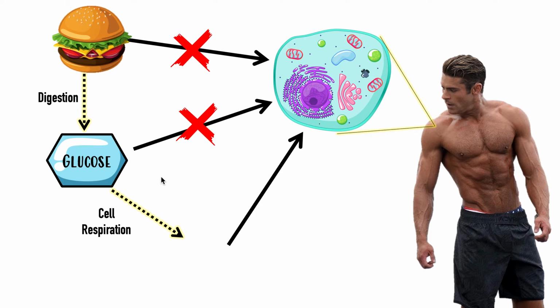So what do we need to convert this glucose into the correct currency? And first of all, what is the correct currency? I just mentioned, right? The correct currency is going to be ATP. ATP is the correct currency. Our cell uses this for so many things, and we'll look at that very shortly. Now, cell respiration, as you'll see when we talk about the details in this video, occurs in the cytoplasm and also the mitochondria.